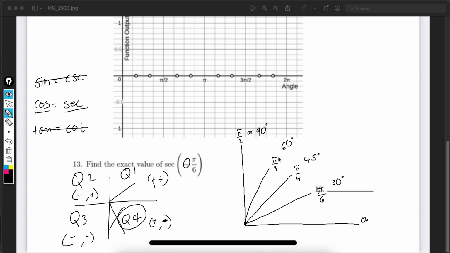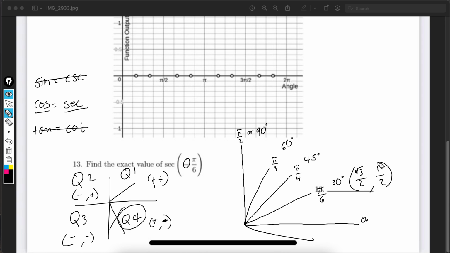So if this is pi over 6, boom, it'd be this one, right? It'd be right here in quadrant 4. But we're just trying to think about the actual points. We're trying to find secant of that, the exact value. So naturally, pi over 6 would be radical 3 over 2 and 1/2.